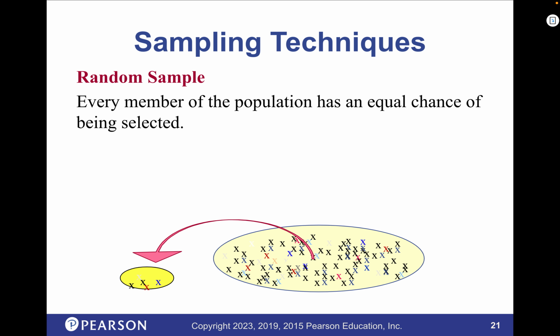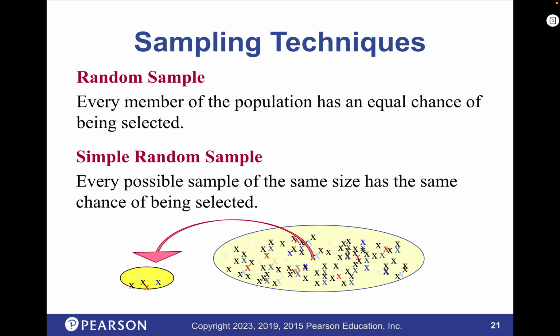That's one method, completely random. A simple random sample is one where every possible sample of the same size has the same chance of being selected. So if you were to do it again and again, and you're looking for a sample of 30, every sample has the same chance of being selected.